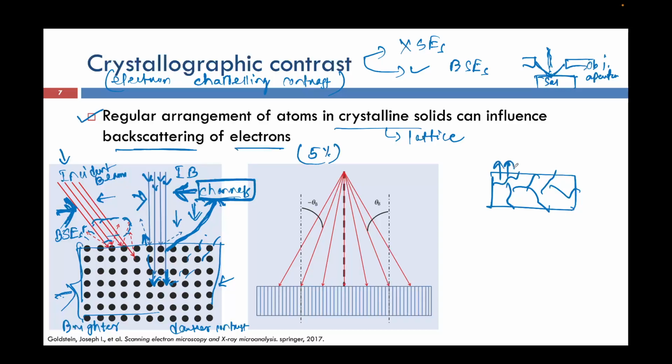Here I am getting more backscattered electrons, here less, then again more here, then again less. In this direction my backscattered electrons will be large, in this direction also large, so they all tend to cancel out each other. On a bulk scale they all tend to cancel out each other in three dimensions. That is why the contrast that I obtain in a single crystal is not the same contrast that I will obtain in a polycrystalline sample.